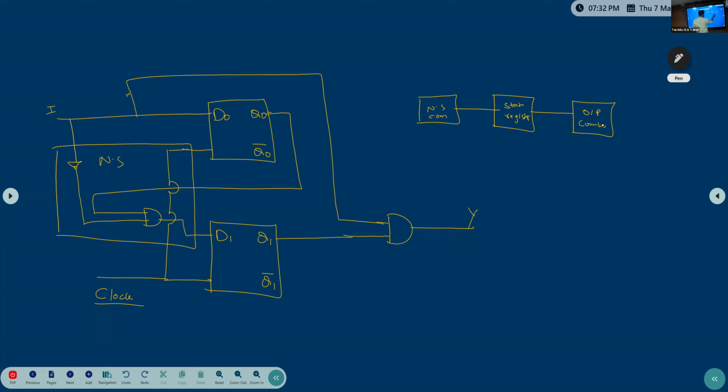Whatever the state registers' feedback is, it goes and connects as input, and the input is also directly connected to the output combinational circuit. This entire thing, this AND gate, this inverter, all of these, is the next state combo. Clear? And this one is the output combo.